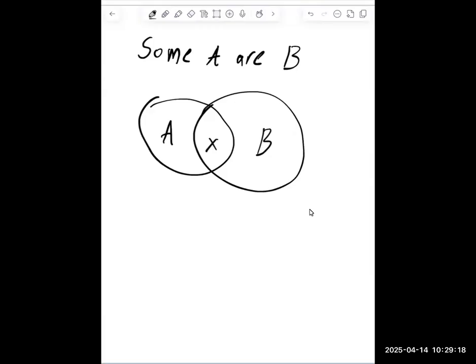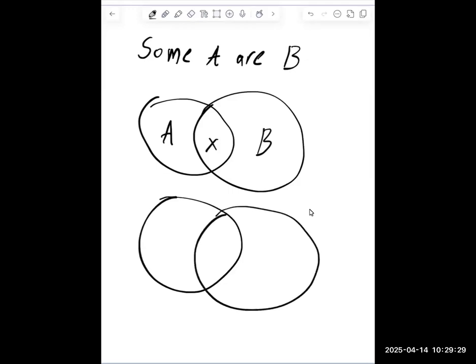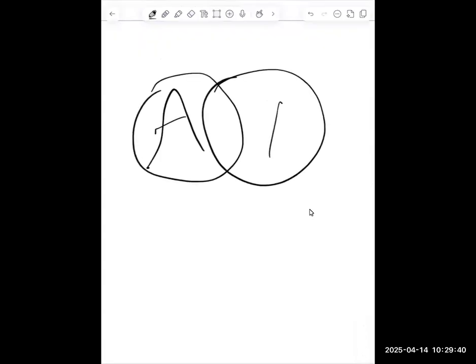We'll just put this X here to show that there's the one thing, right? And it really doesn't matter how you represent this. If you don't want to use an X, a dot would be fine. You could do a little star, just to show that there is at least one thing in this space where these two overlap.